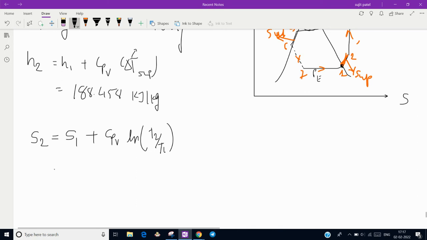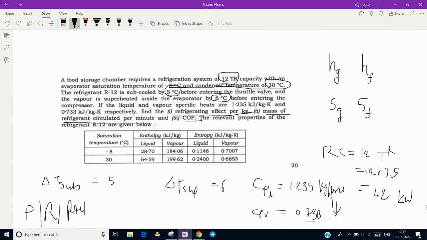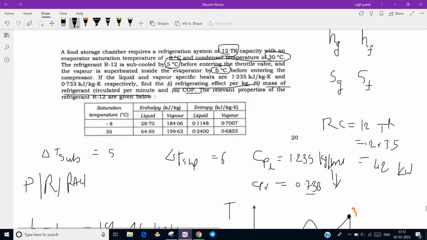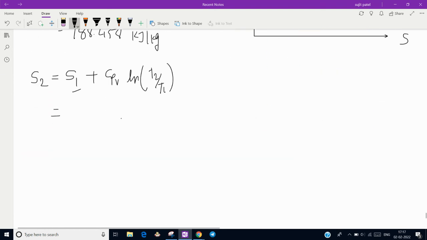S1 is from the table, that is 0.7007, and Cp of vapor is known. T2 is 271 Kelvin, and minus 8 means T1 is 265 Kelvin. When you put all these values, you will get 0.717 kilojoule per kg Kelvin.